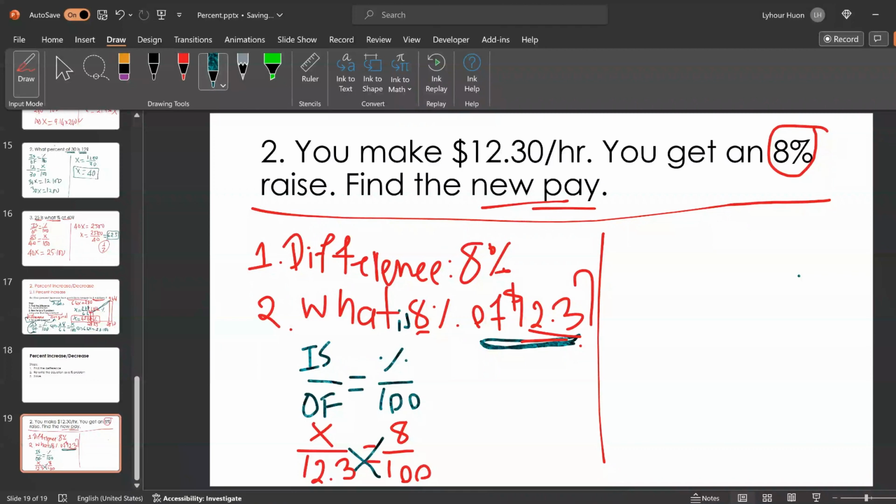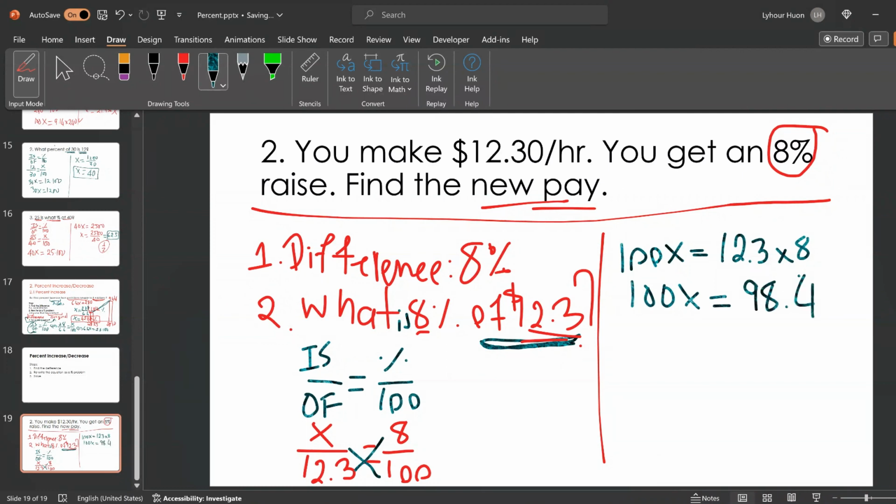It will be 100x equal to 12.3 times 8, which is 98.4.